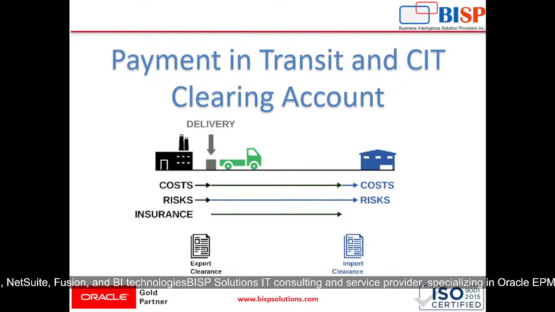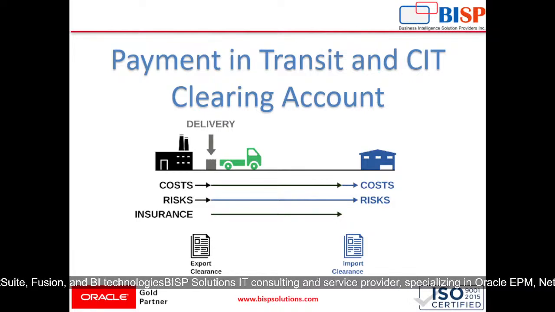Then CIT, which is cash in transit clearing account. So in this, account is used to temporarily hold funds that are in transit between different accounts within the same organization, such as a company's cash register and its bank account.